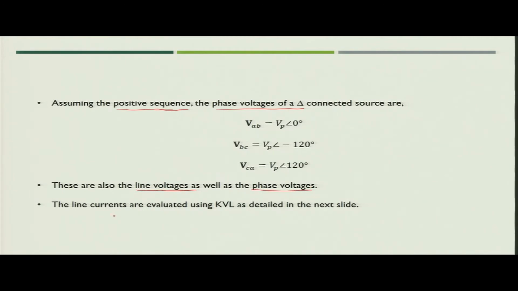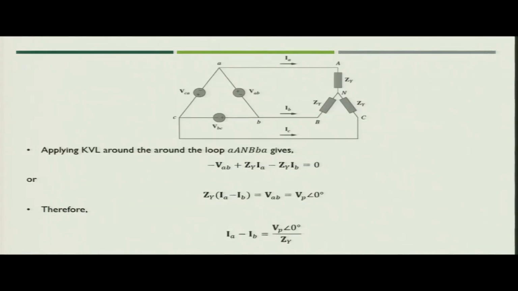Now, let us apply KVL to find the line current. Considering the figure from the first slide, we apply Kirchhoff voltage law around the loop small a, capital A, N, capital B, small b and small a.